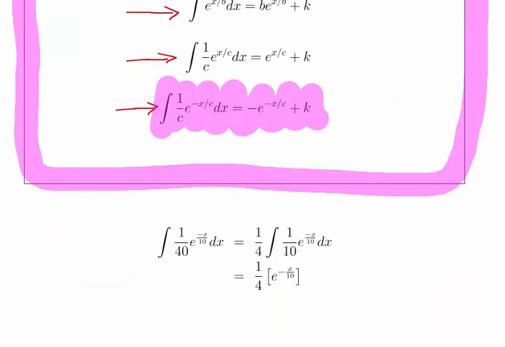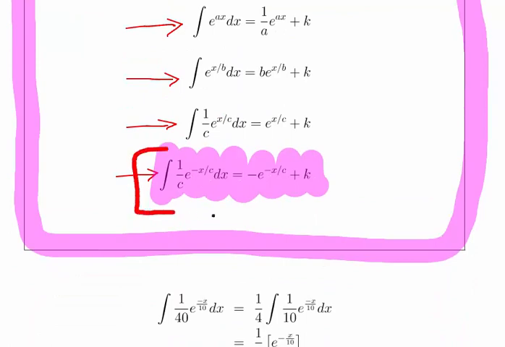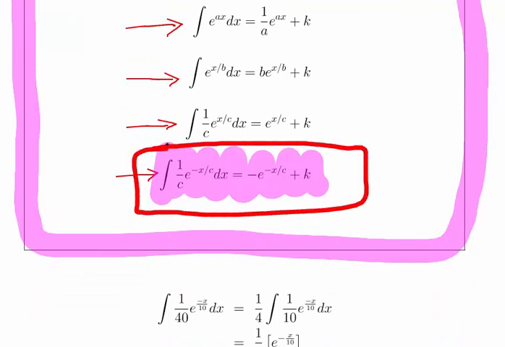Anyway, that one in particular, usually you can state as is, because you're expected to know the fundamentals of integration. By the way, k there is just the coefficient of integration. So 1 over c times e to the minus x over c, when you integrate that, you get minus e to the minus x over c.